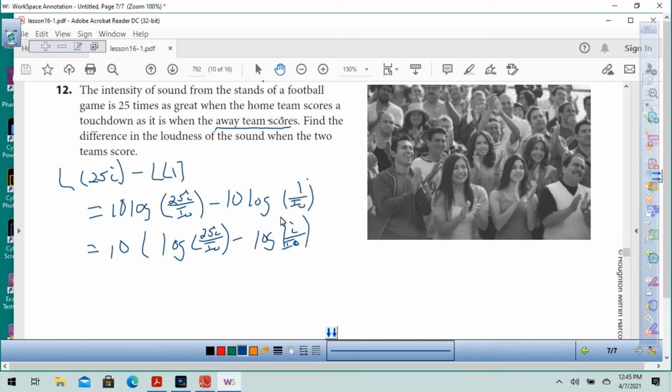Well, let's see here. We can kind of do some splitting up here. 25, we can take that out, and we can say 10, and that's log, and we'll say 25 I over I sub 0 minus log I over I sub 0.